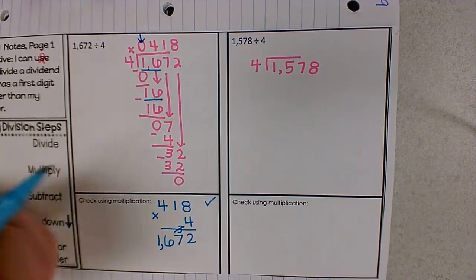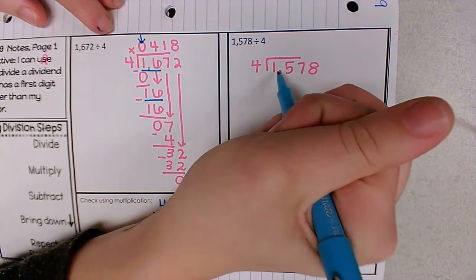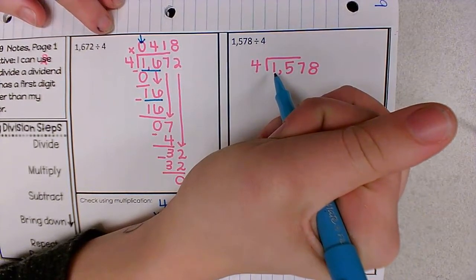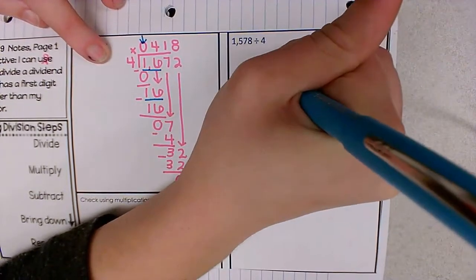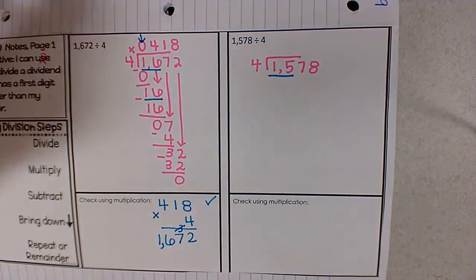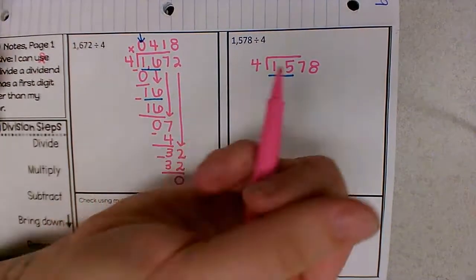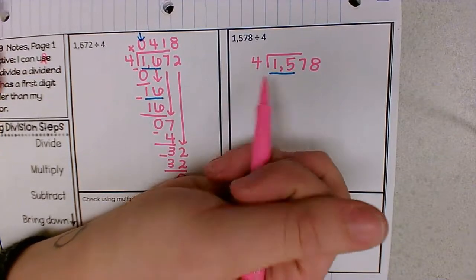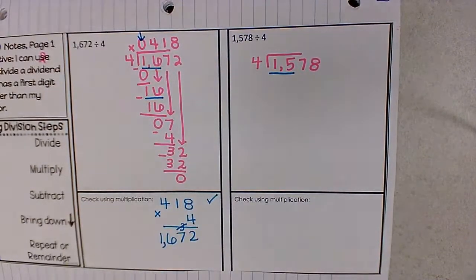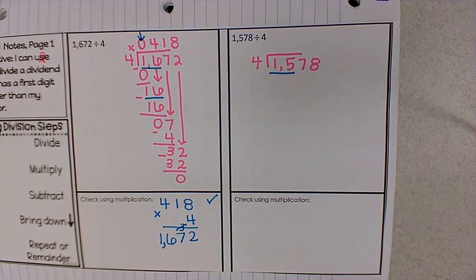Instead of using a placeholder 0, if I notice that my first digit is not large enough to divide, I'm going to look at the first 2 digits instead, and I'm going to combine them into one number. Instead of asking what's 1 divided by 4, I'm going to ask what's 15 divided by 4. The closest math fact that I can do is 3 groups of 4.